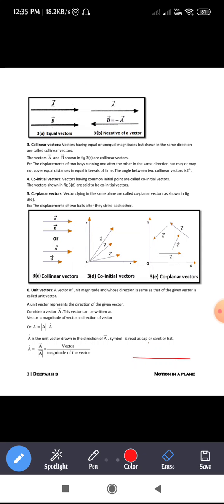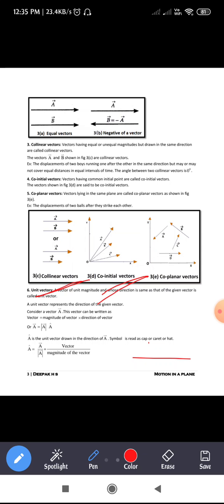So next is co-initial vectors. Vectors having a common initial point are called co-initial vectors. The example for collinear vectors is given in figure 3c. Similarly, co-initial vectors are represented in figure 3d.